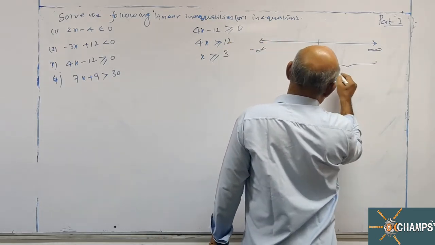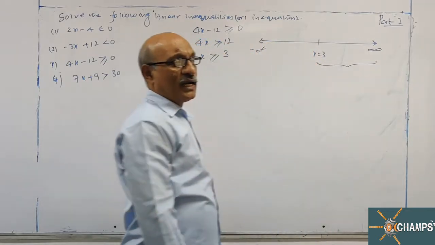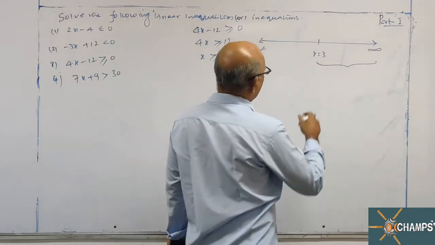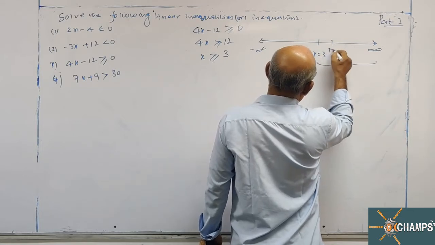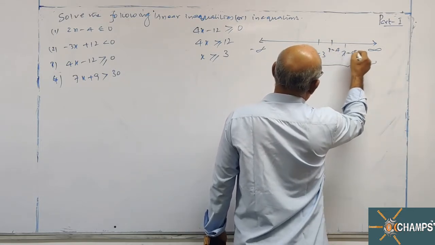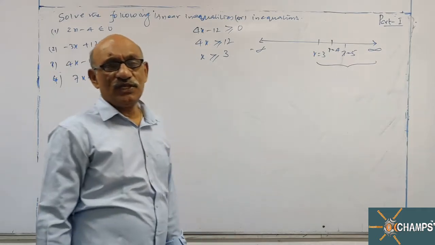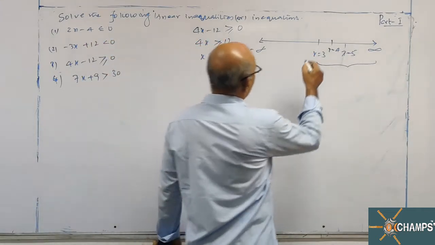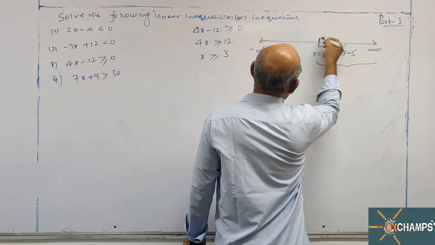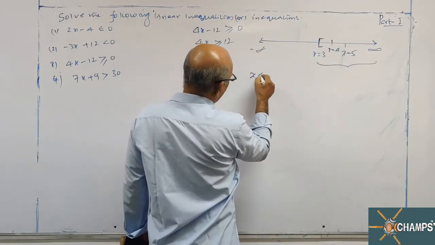So this is the right hand side. X greater than or equal to 3 means x equal to 4, x equal to 5, this way. X will take values which are either equal to 3 or greater than 3. So the equal to sign is there, 3 you have to include. Then how to write the solution?